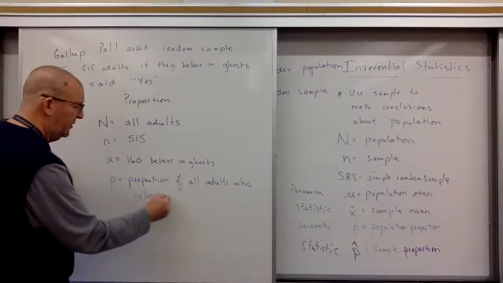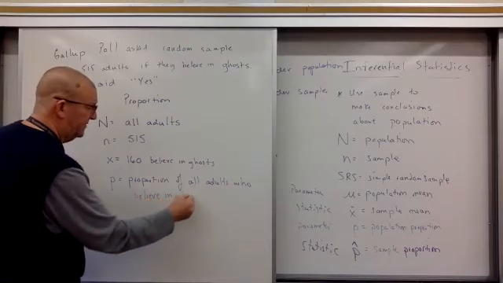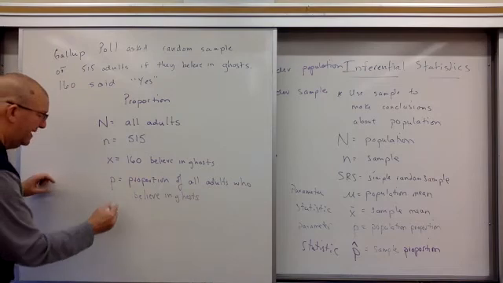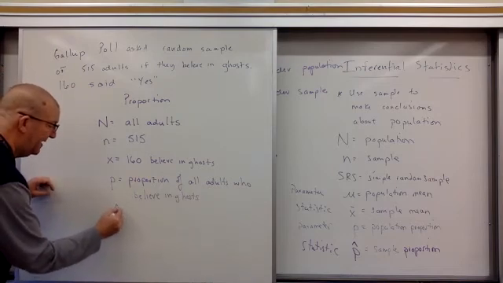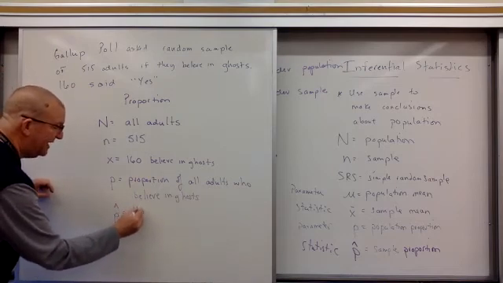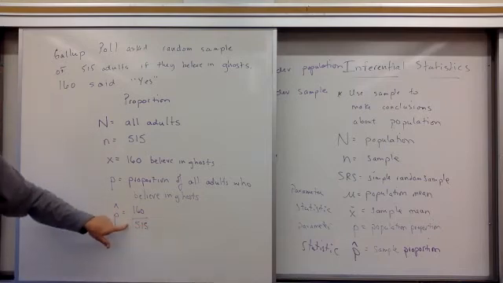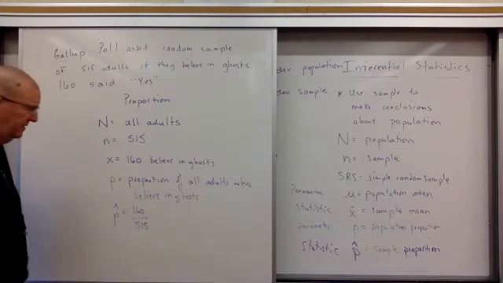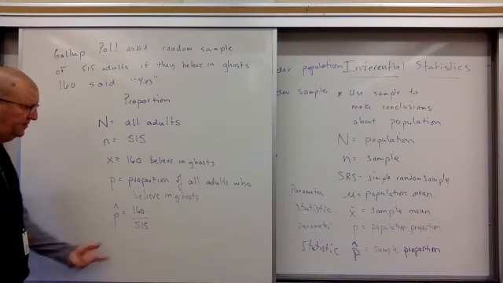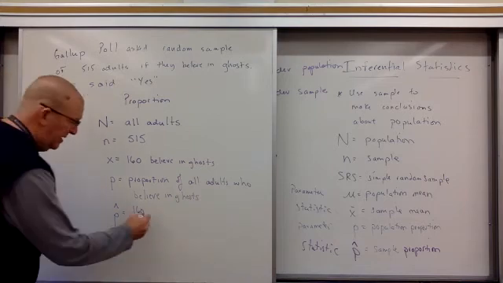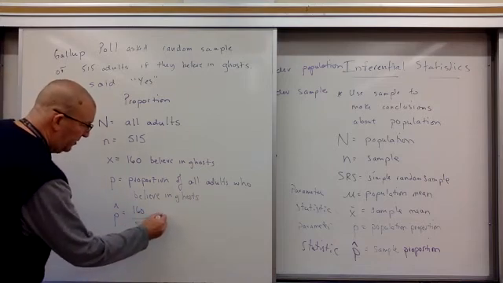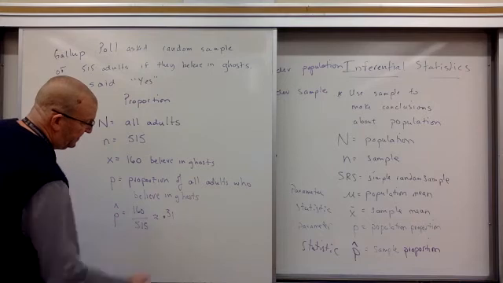So what are we going to do? We're going to take a sample and we're going to get a P hat, which would be 160 out of 515. So P hat is our sample proportion, okay? This is our estimate. And this is approximately equal to 0.31.